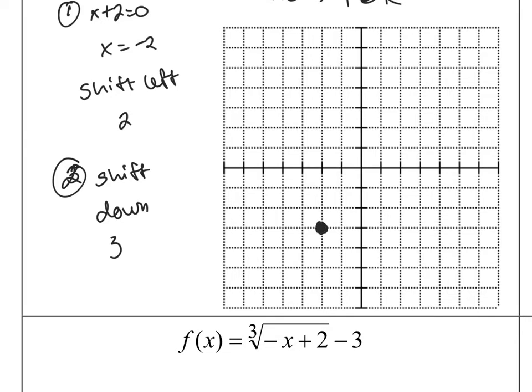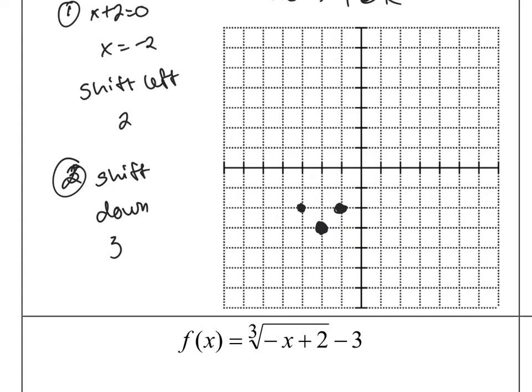All right, so when x is negative 1, negative 1 plus 2 is 1, 1 squared is 1, 1 minus 3 is negative 2. So when x is negative 1, y is negative 2. When x is negative 3, negative 3 plus 2 is negative 1, negative 1 squared is 1, so y is negative 2.